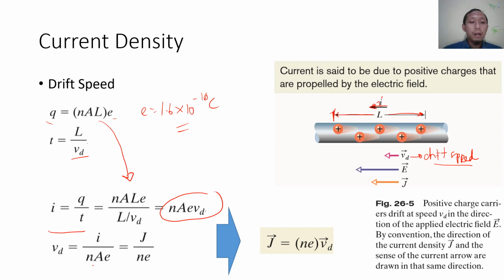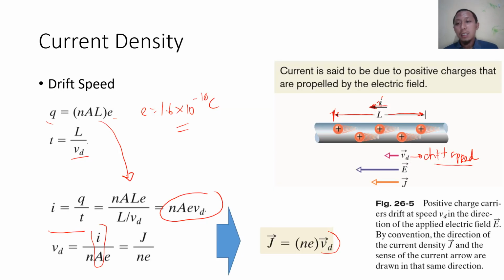And I per A is J, so Vd is J per n e, where J is the current density. So J is n e Vd. Vd is the drift speed, n is the number of electrons, and e is the unit charge of the electron.